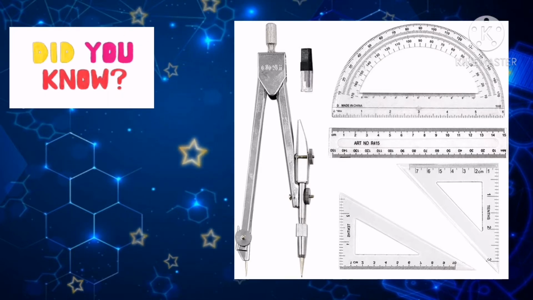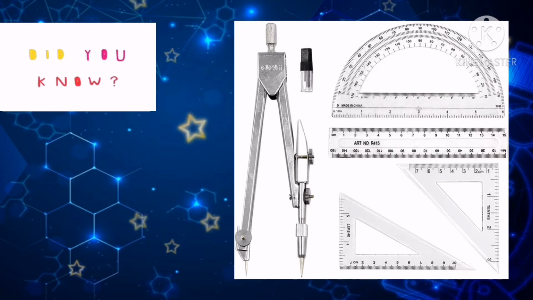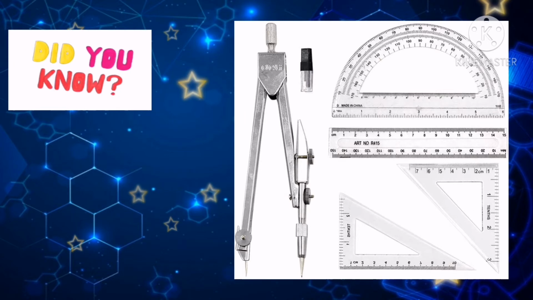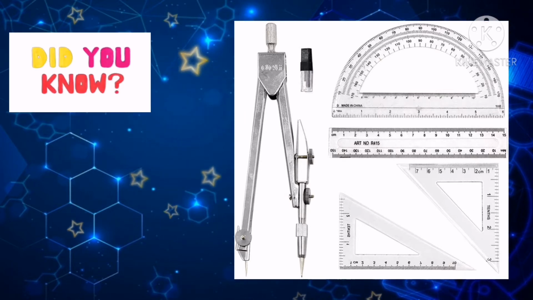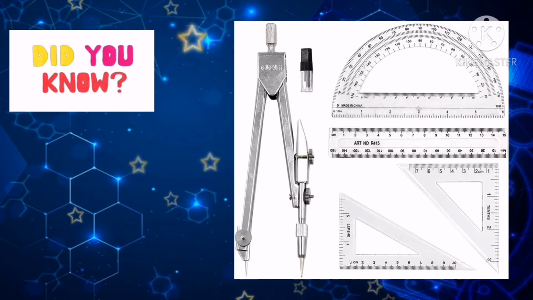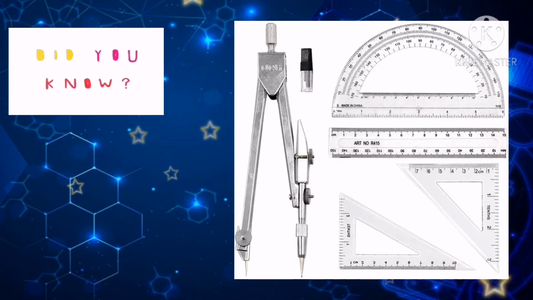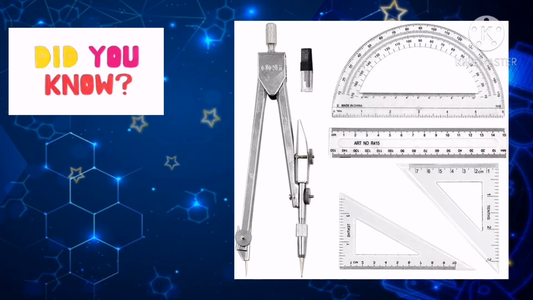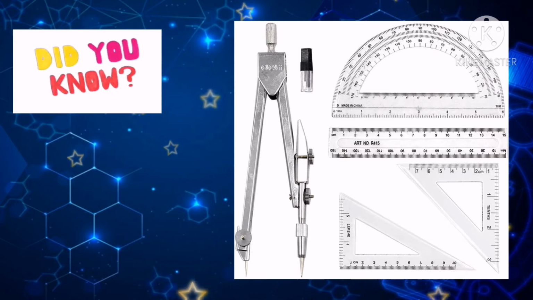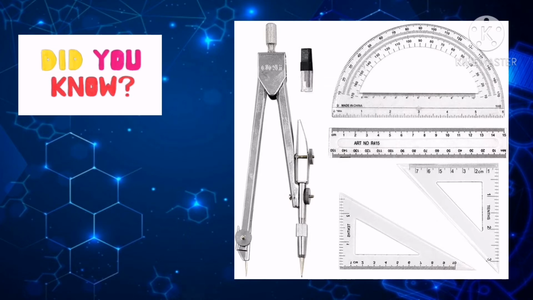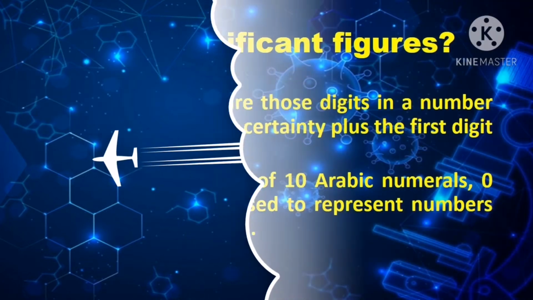For instance, a metric ruler is calibrated with the numbered calibrations equal to 1 centimeter. In addition, there will be 10 unnumbered calibrations marked between each numbered position. This would be referred to as minor calibrations.